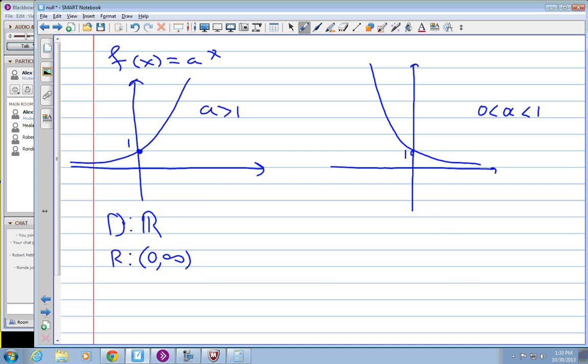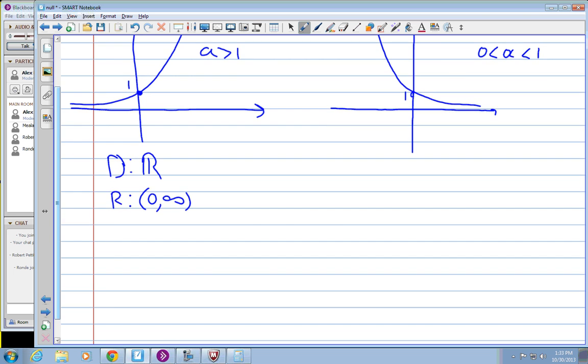It will never hit the x-axis. It actually has a horizontal asymptote, y equals 0. So the x-axis is a horizontal asymptote, either on the left or on the right, depending on what kind of function you look at. And the big thing that we'll also notice is that these are one-to-one functions, right?